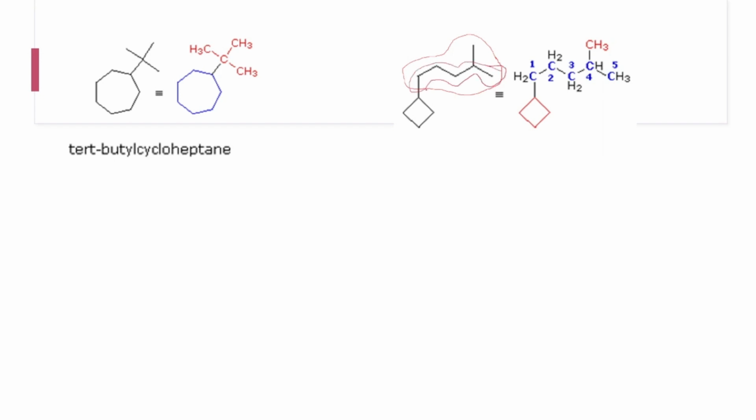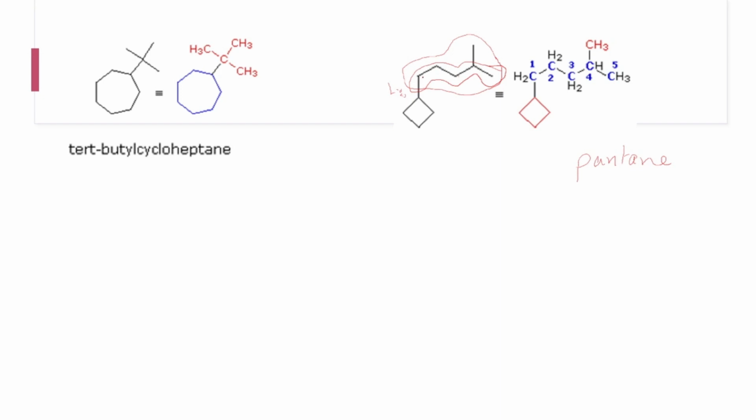So we have 1, 2, 3, 4, 5 carbons, so I'm going to have pentane and start to number this chain. If I start numbering from the right hand side, I will have 2 and 5. But if I start numbering from the left hand side, I will have 1 and 4. So the left hand side gives the least numbers to the substituents.